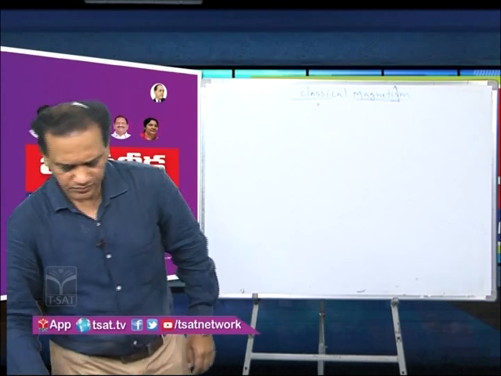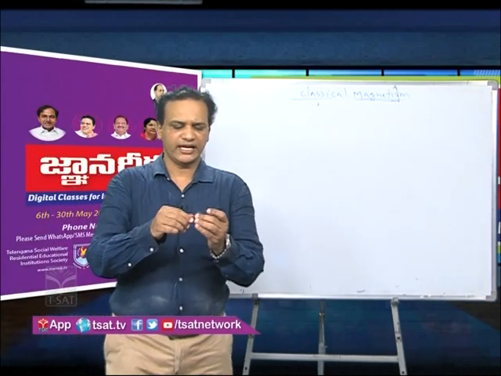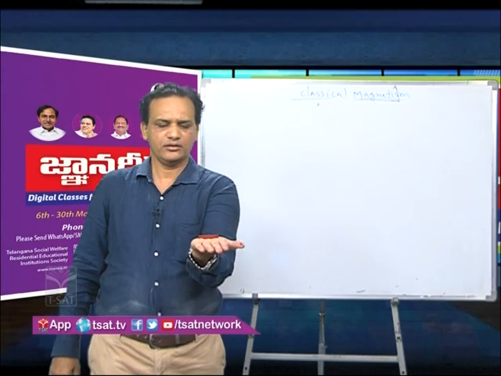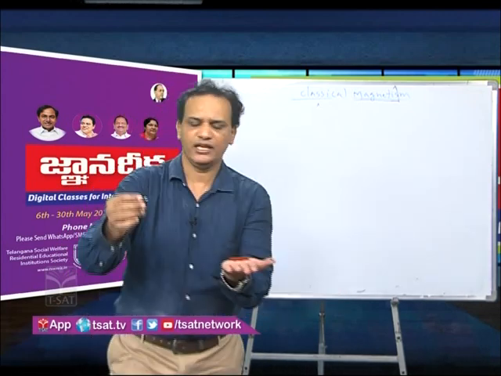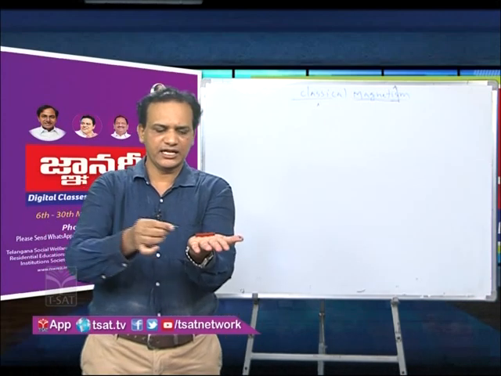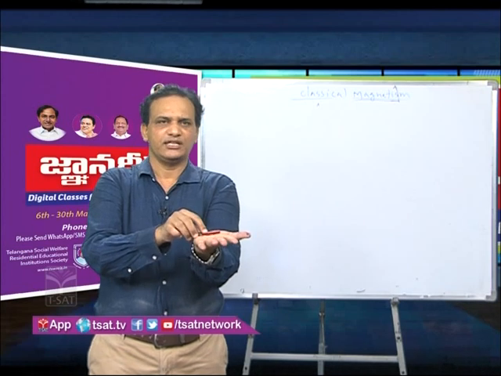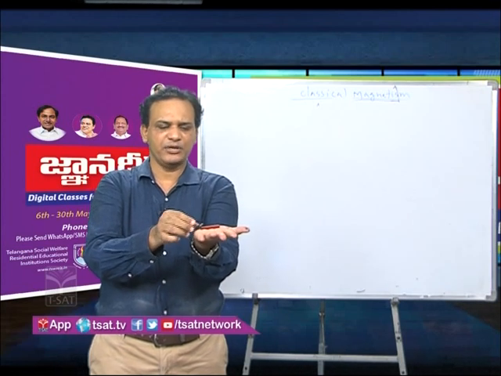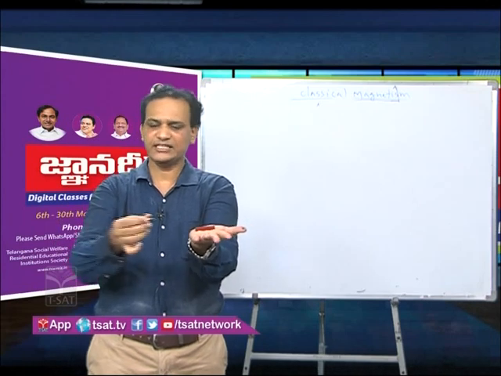The next one, see bar magnets. Now you take a bar magnet on the table. Let us say any one iron piece is nearer to the bar magnet, then it attracts. But if the iron piece is far from this point, is there any attraction?